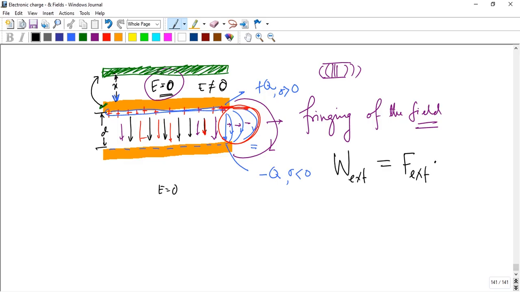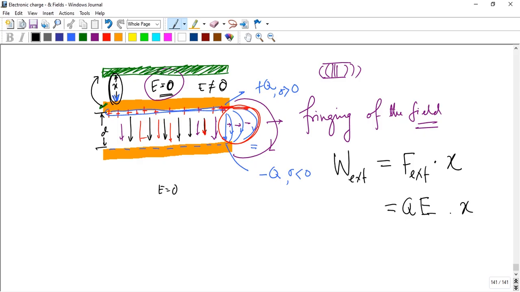Here the displacement of the upper surface is x, and we know the force is the electrostatic force, equal to q times electric field. That E is not external, obviously, sorry. So QE times x.